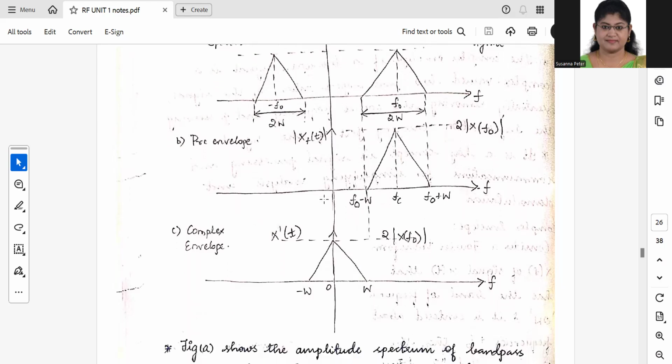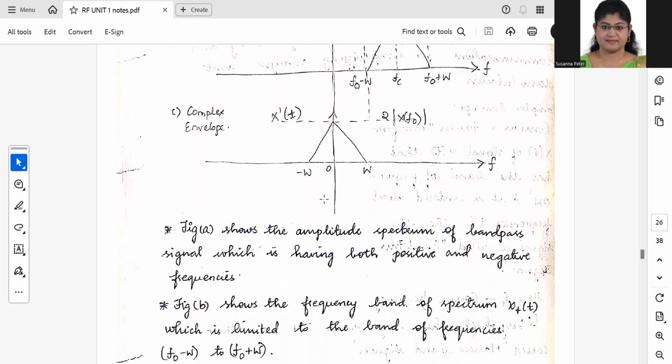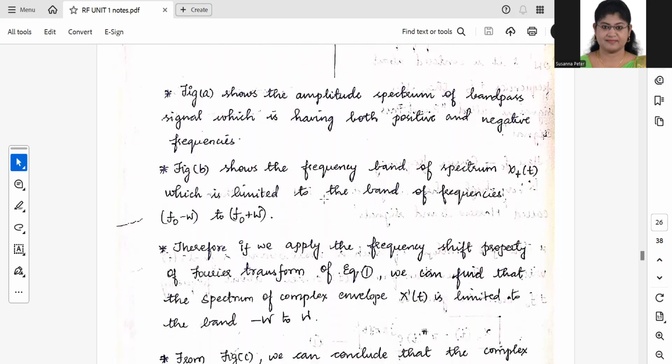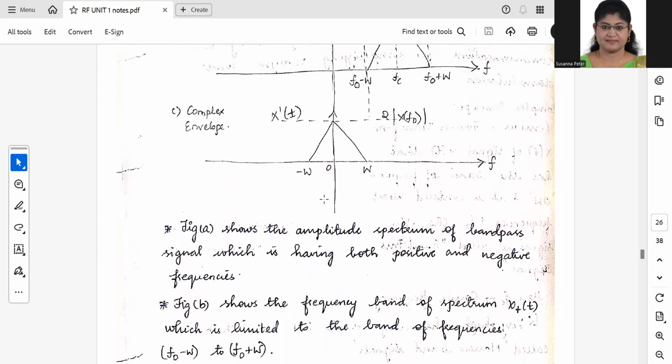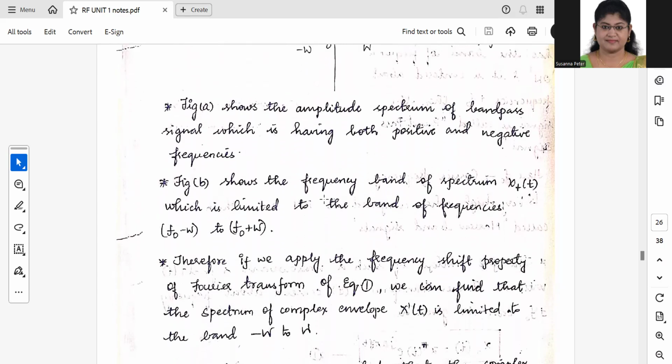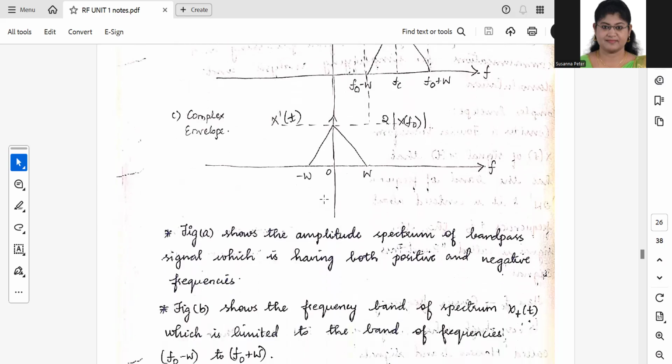From this pre-envelope, if you take the Fourier transform, you get the complex envelope. By using the frequency shifting property of the Fourier transform, the spectrum of the complex envelope x dash of t is limited to the band minus W to W. So this is the complex envelope of a bandpass signal.